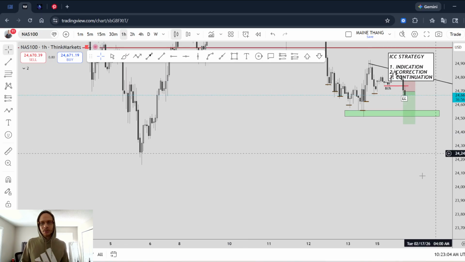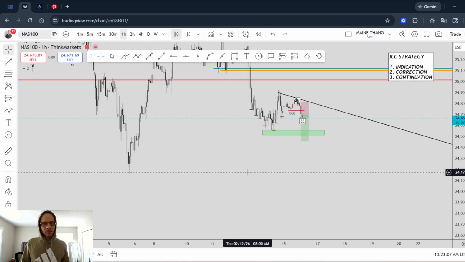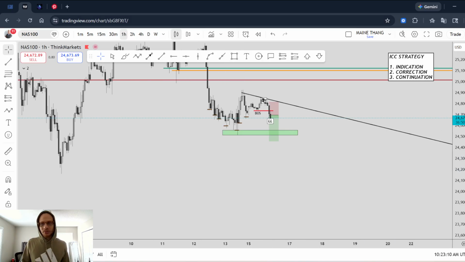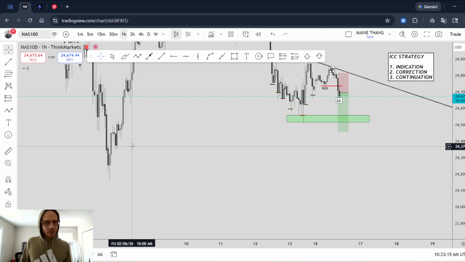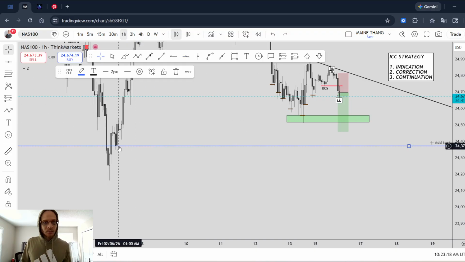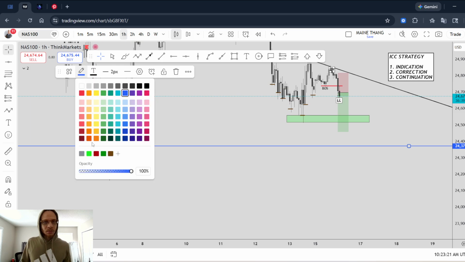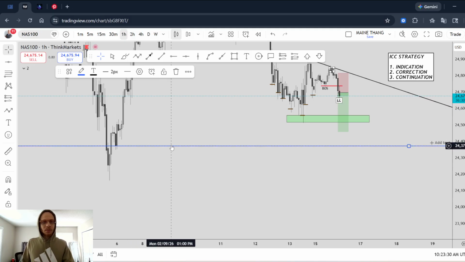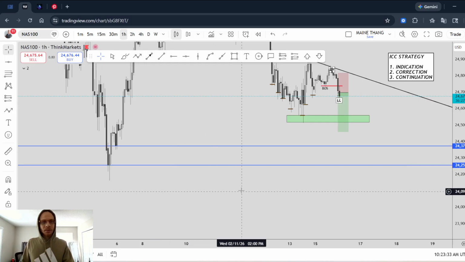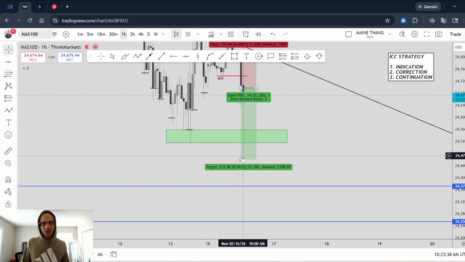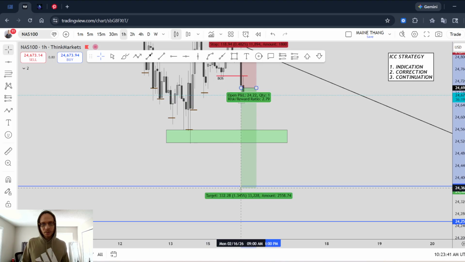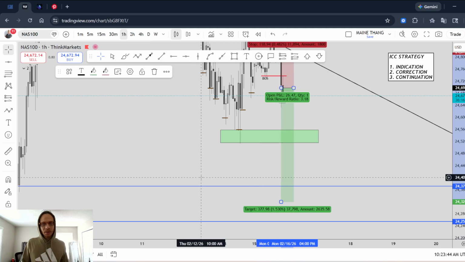This low. I'll keep it blue, I like it blue. Obviously that low. That will give 1 to 3, which will be right in the midst of all of that.